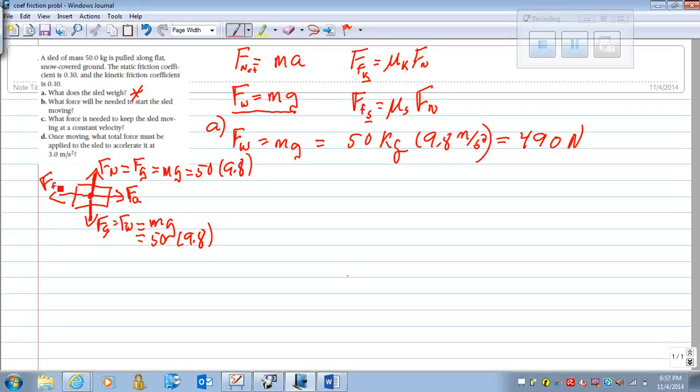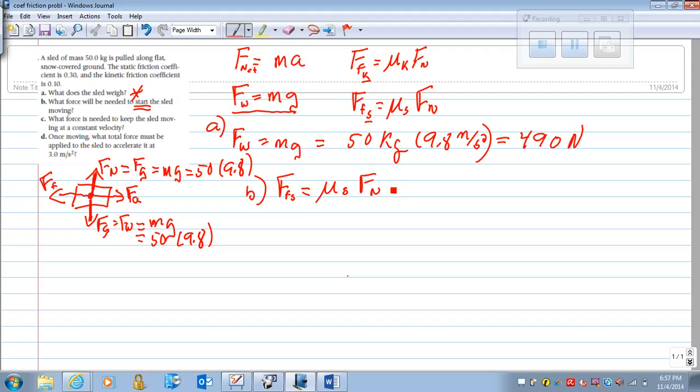Part B says the force needed to start the sled moving. That means that the sled was not moving to begin with, so in part B we are looking for the force of static friction.